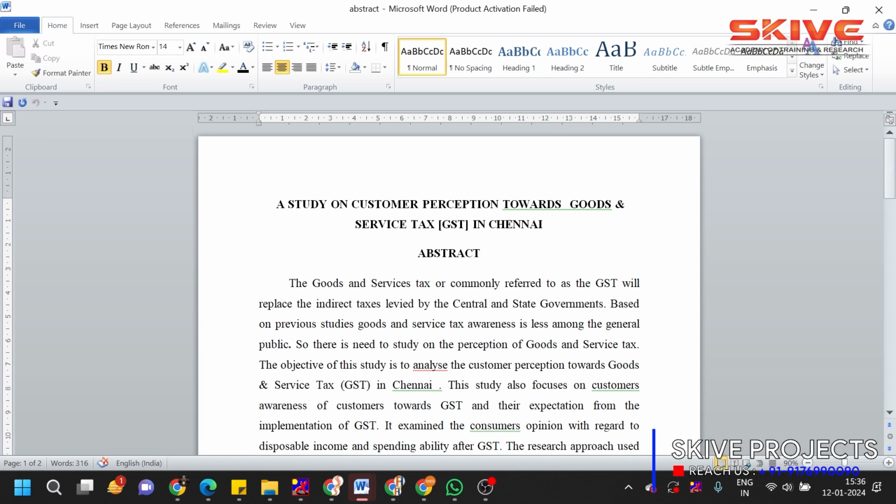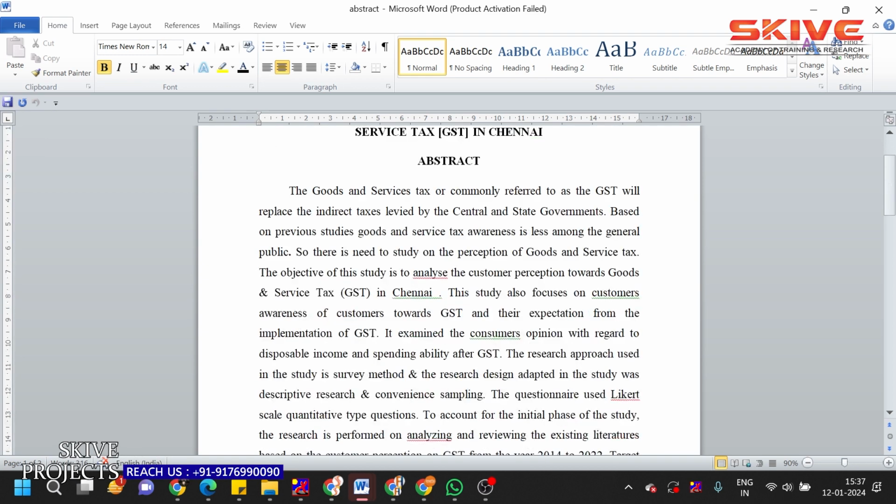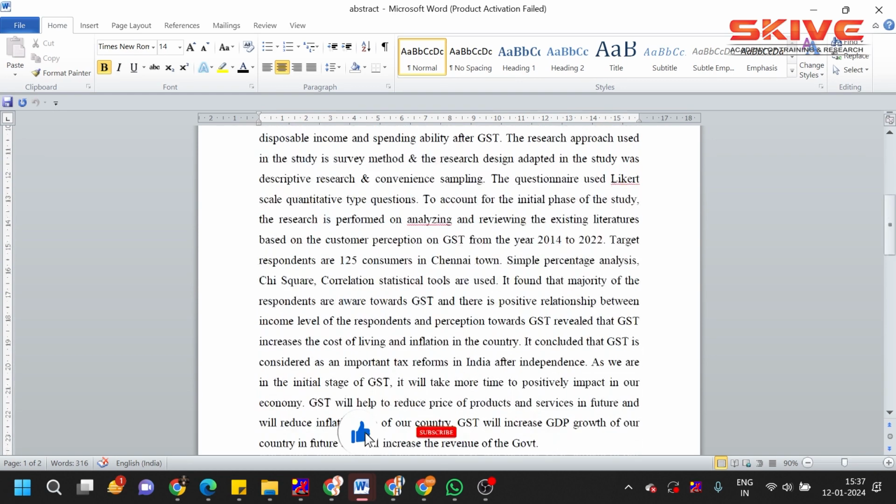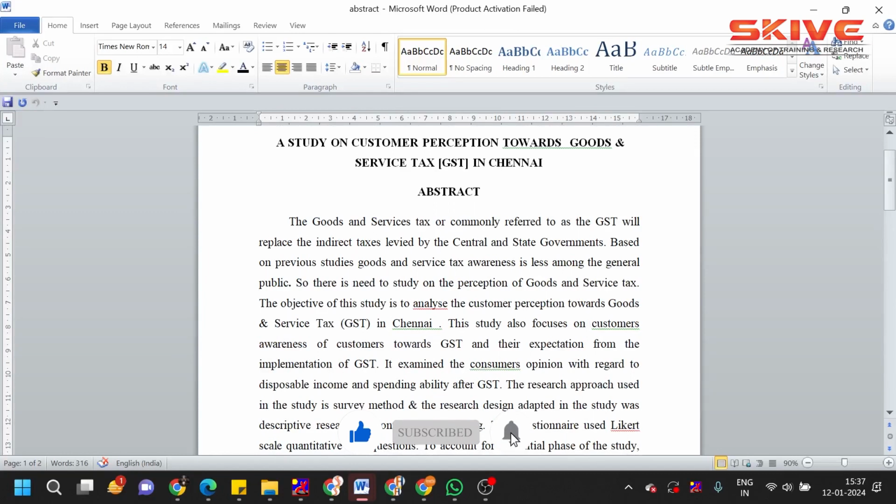So in this project we are going to discuss the customer perception towards the GST, whether the GST is useful for the customer or whether the GST is a burden for the customer. This is the abstract.